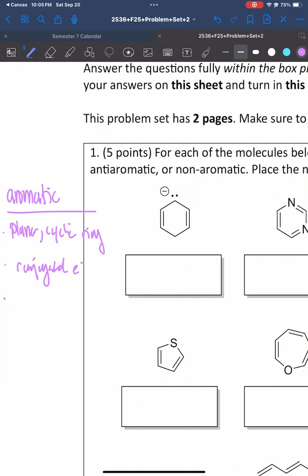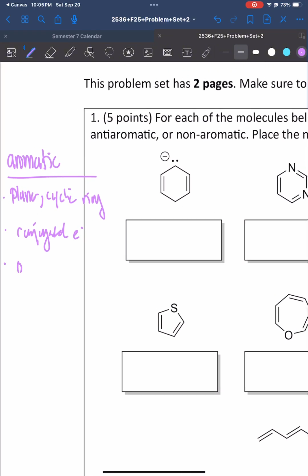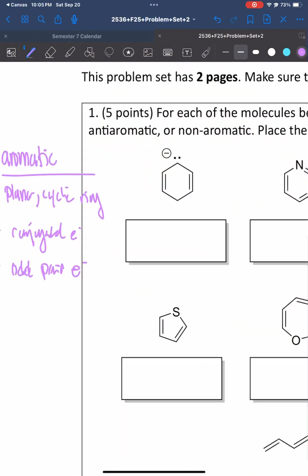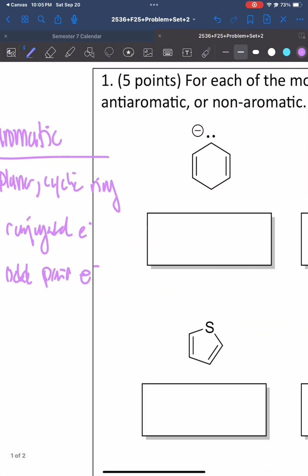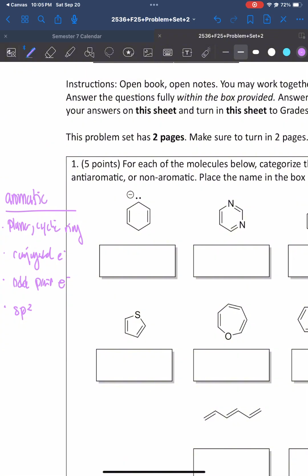And third of all, it must satisfy Huckel's number, meaning there's only an odd pair of electrons. And going along with this planar and cyclic ring and odd pair of electrons, we only want sp2 hybridized carbons and/or atoms.